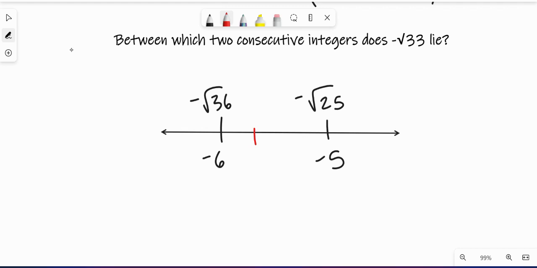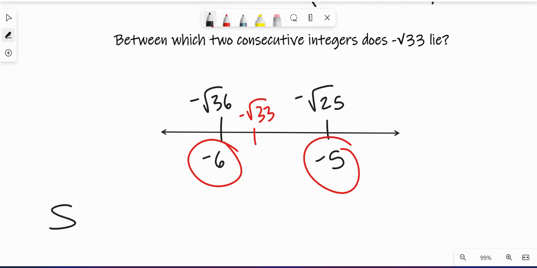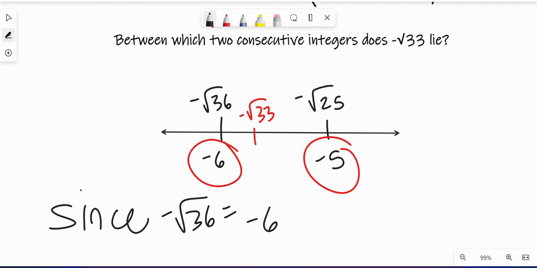Okay, and that is where my negative radical 33 is. It's going to be between negative 6 and negative 5, since the negative square root of 36 equals negative 6, and the negative square root of 25 equals negative 5.